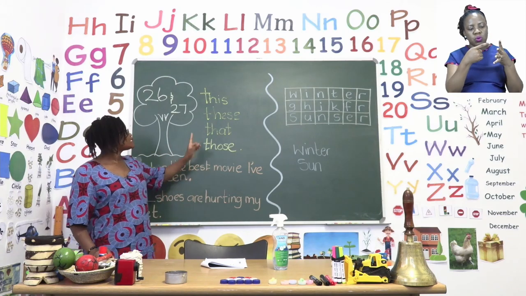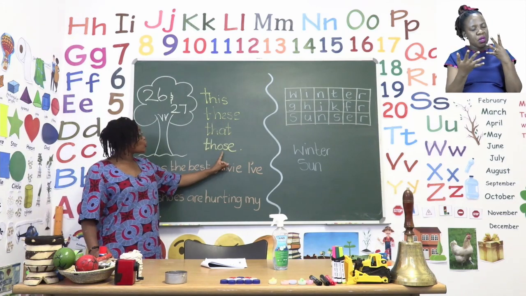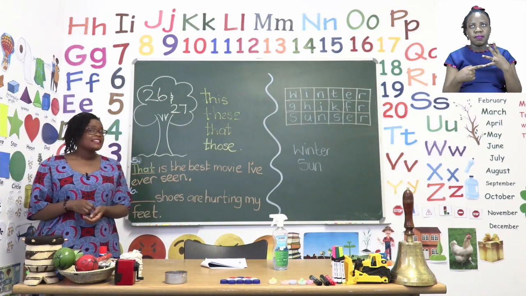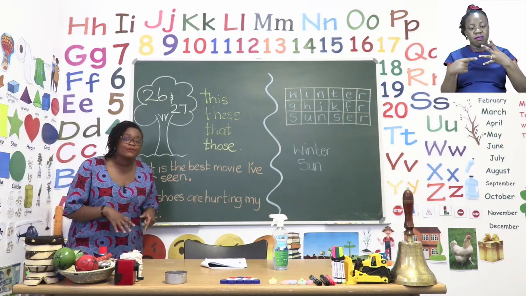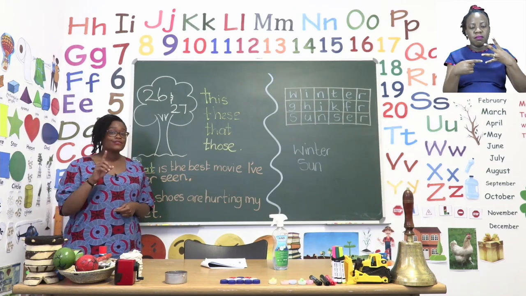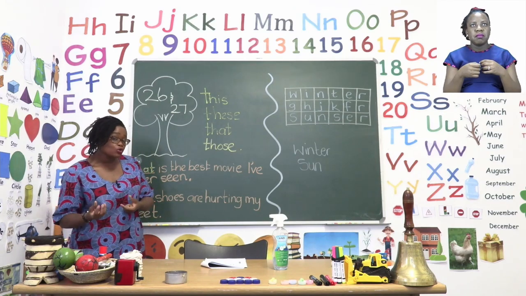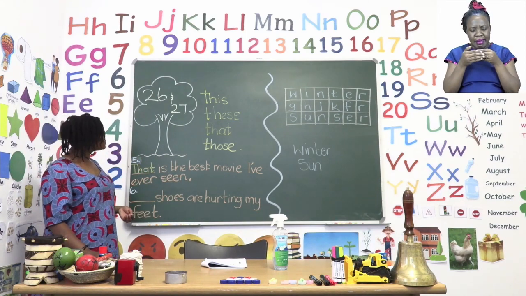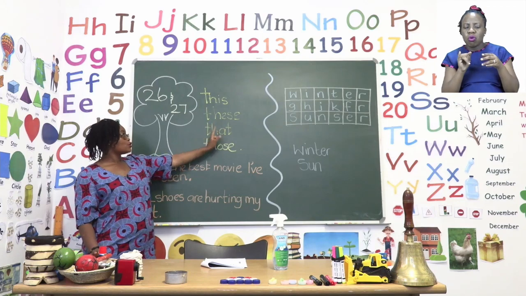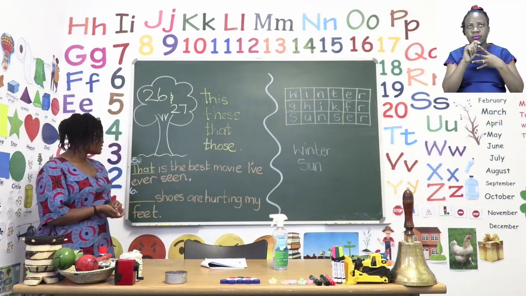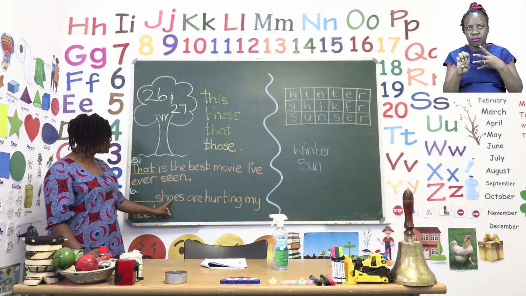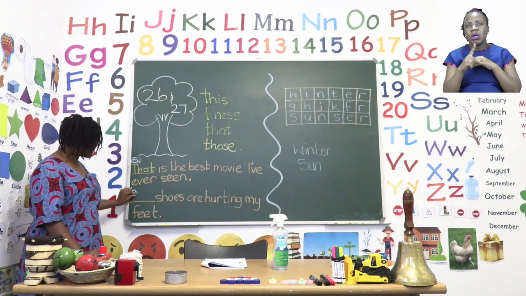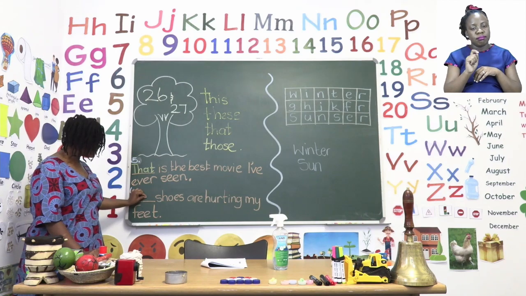Instead, we will choose between these or those. Now, when we talk about shoes, they usually have to be on our feet to hurt us. So that means it is close by. And if it is close by, then that means we use these, not those. So our sentence will say, these shoes are hurting my feet. Go ahead and write the word these.